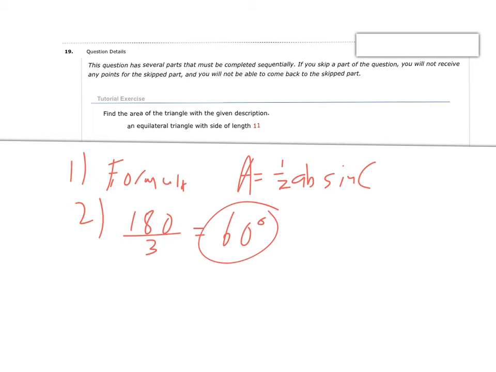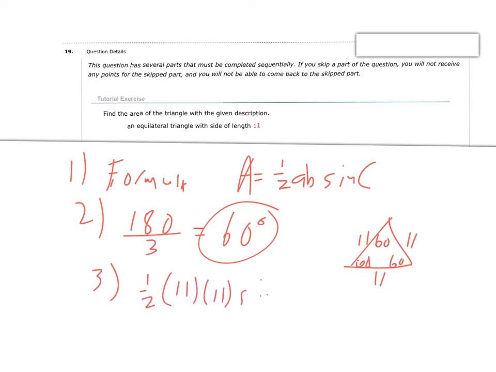And so then for part 3, if you kind of visualize this triangle here, all the angles are 60. All the sides for me are 11. They're probably different for you. Then this formula turns into 1/2 times 11 times 11 times sine of 60. Now we know that the sine of 60, according to the unit circle at that spot right there, is rad 3 over 2.